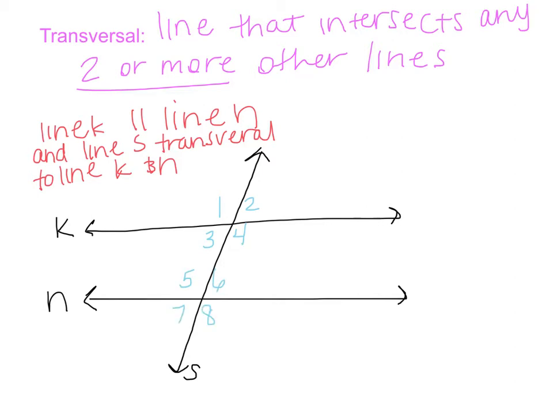So we have 8 total angles. And we talked about this yesterday. Remember, these are vertical angles. So like we did yesterday where we can figure out one of the angles, we can do that here, but we're not going to go there yet. So let's just first figure out which ones are congruent.